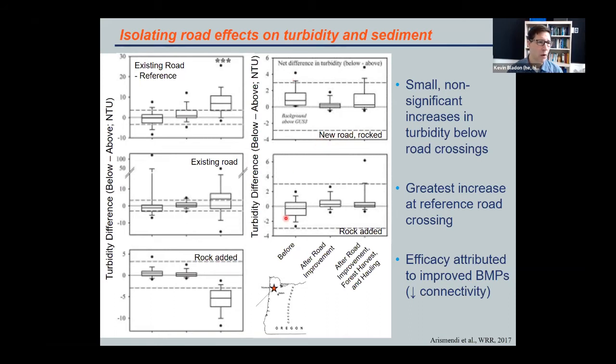And then the first box plot in each of these is the pre-roading period. The middle box plot is after the road improvement had occurred. And then the last is after road improvement and forest harvesting and hauling had occurred. And so if you follow each of these across, we see small increases in some. We actually observe decreases in others. And surprisingly, the largest increase in sediment concentrations happened in the reference watershed.